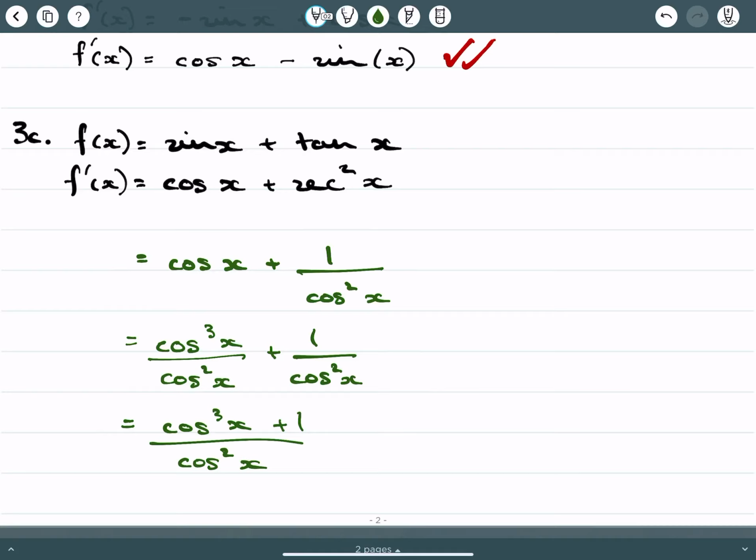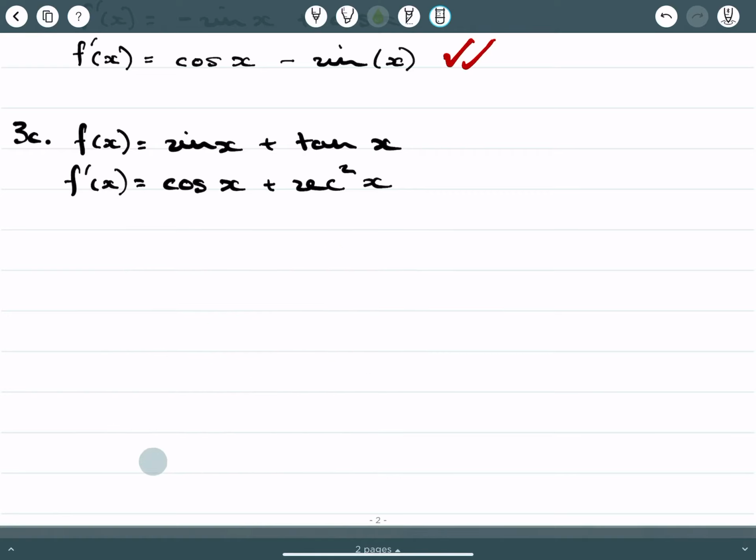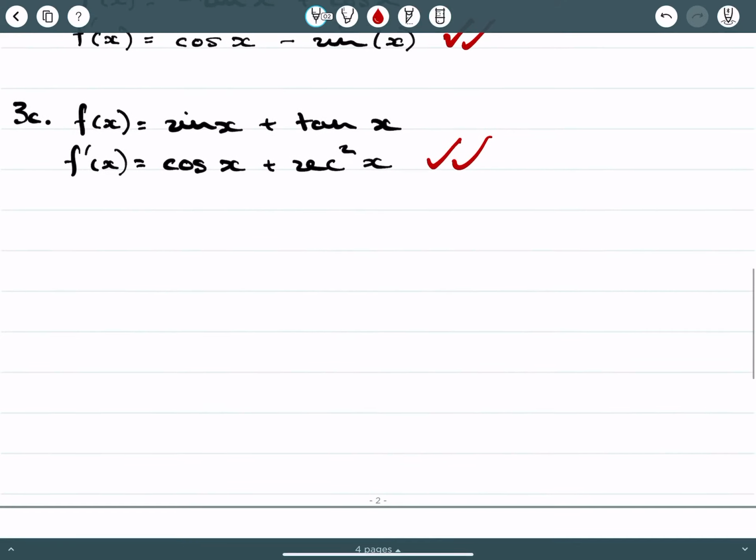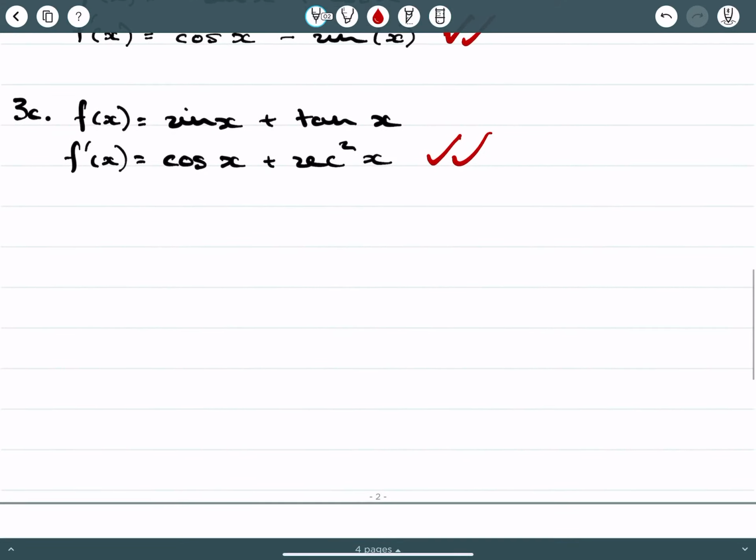So you could do that. What I would say is don't worry about that. Just keep it with the sec squared, and that serves you fine. You don't need to complicate things any more than they already are.